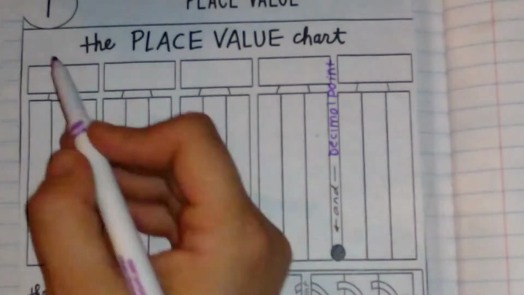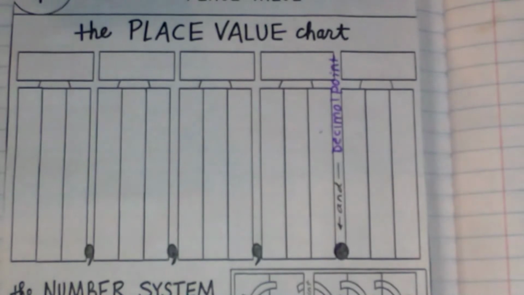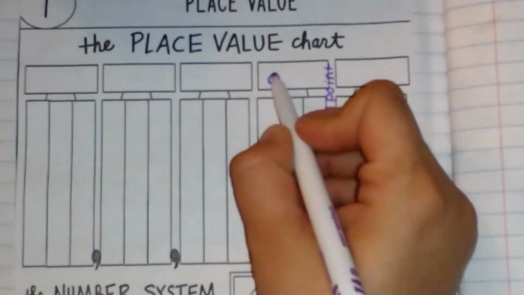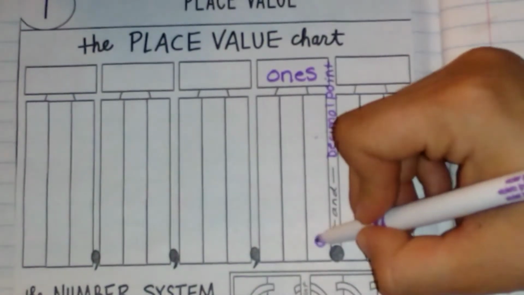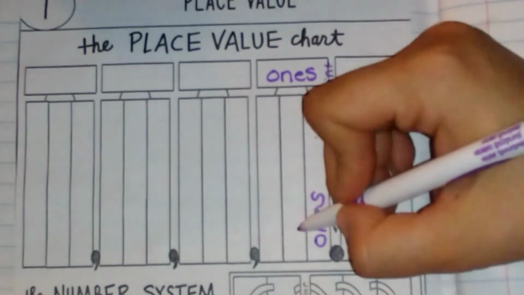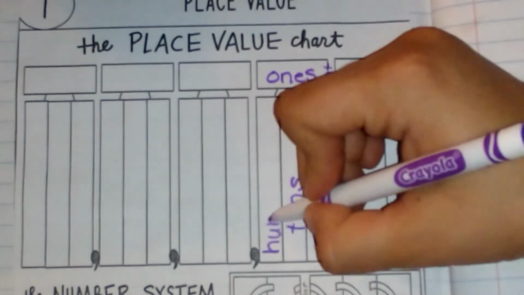So I'm going to start here. I'm going to work backwards actually. This is the ones section with my ones place, my tens place, and my hundreds place.